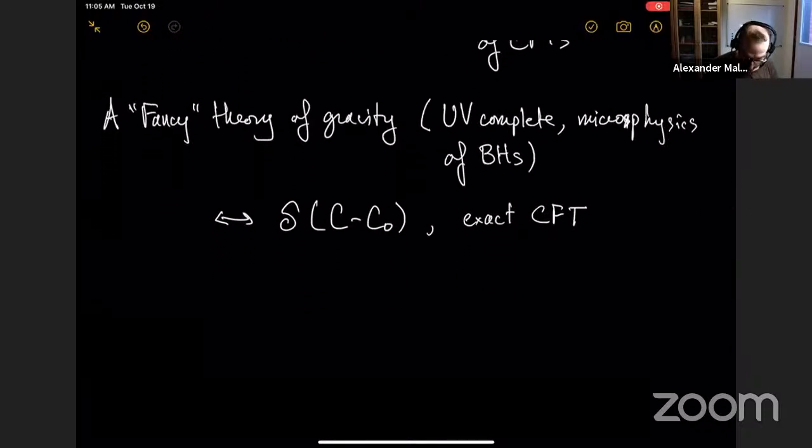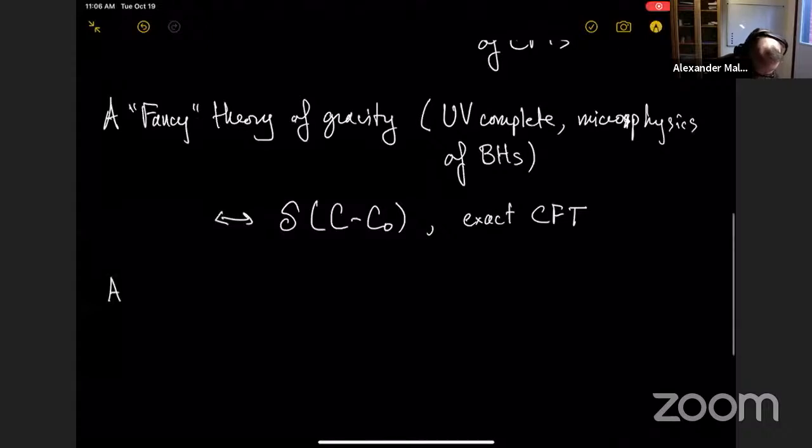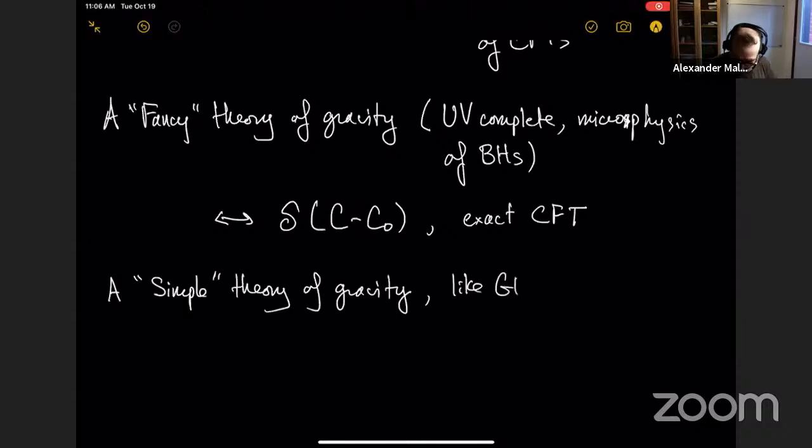On the other hand, the problem with such fancy theories of gravity is that they are nearly impossible to study precisely in the bulk. And so instead, if one studies a simple theory of gravity, perhaps such as quantum general relativity, this would correspond to some non-trivial probability distribution over many conformal field theories.